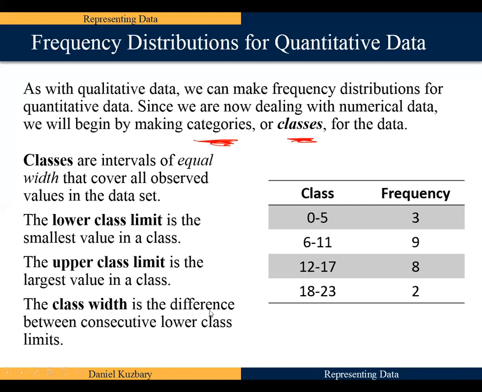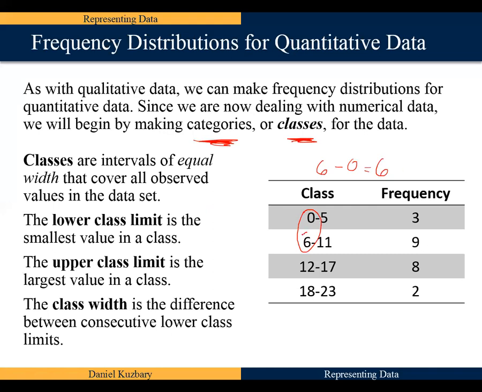And the class width is the difference between the consecutive lower class limits. This is a little bit of a confusing definition, but let me show you what this means. These are consecutive lower class limits. That's a lower limit, and that's the next one. That makes them consecutive. The difference between these two numbers, you can find by subtracting them, is just 6.